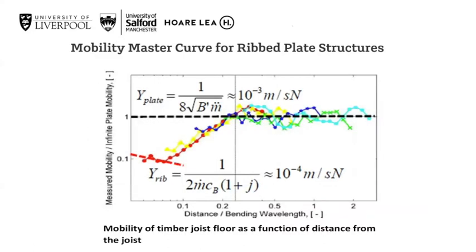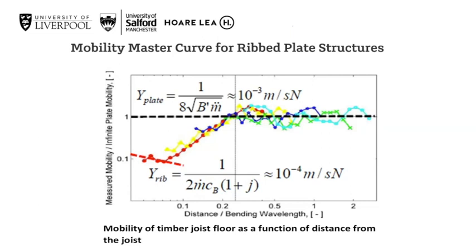Okay, and what has led to is the development of a mobility master curve for these kinds of ribbed plate structures. So what you have here is a normalized mobility. You've got the measured mobility compared to the infinite plate mobility, and on the x-axis you've got the distance to the bending wavelength from the joist.